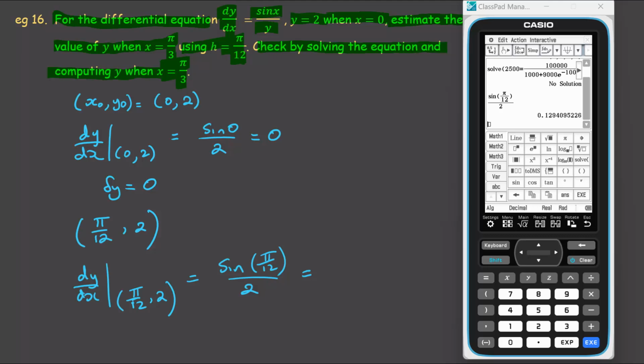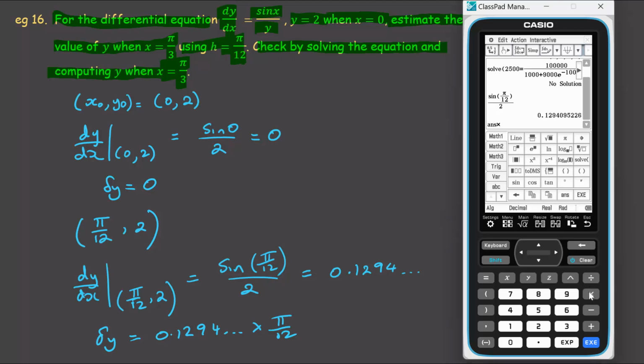Calculating, that has given me 0.1294 and so on. And to get the delta y, we need to take that and multiply it by the step length, which is pi by 12.